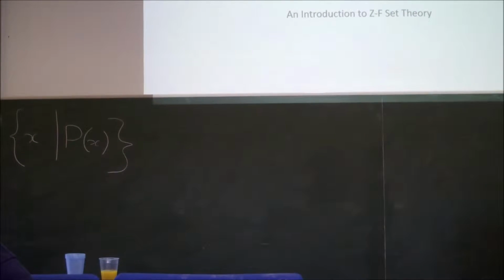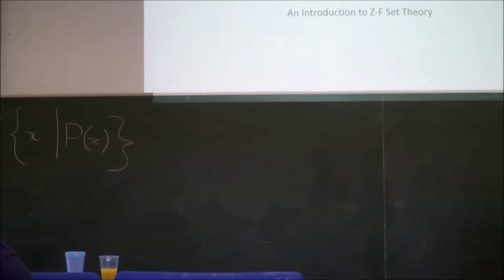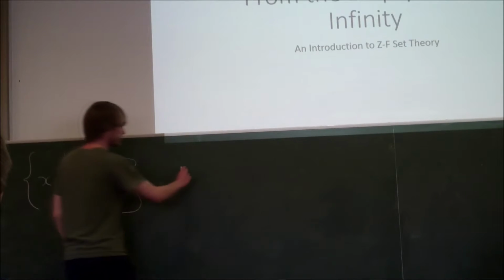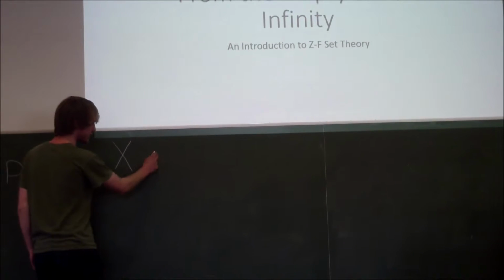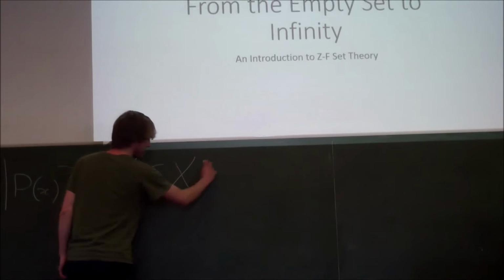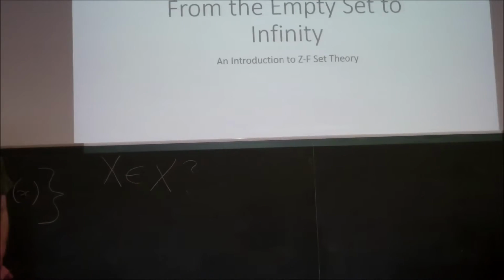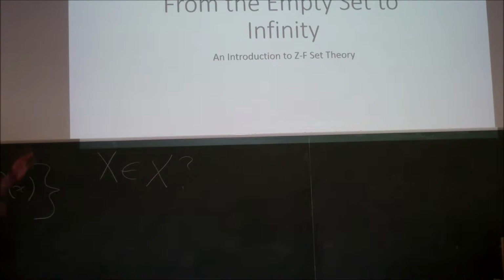We'd like to be able to ask lots of questions about anything we can say is a set. And one of those questions, since sets are about things living inside other things, is: for any set x, is x a member of itself? Now, the point is that this gets quite iffy.